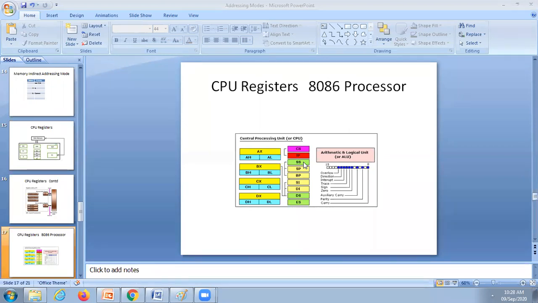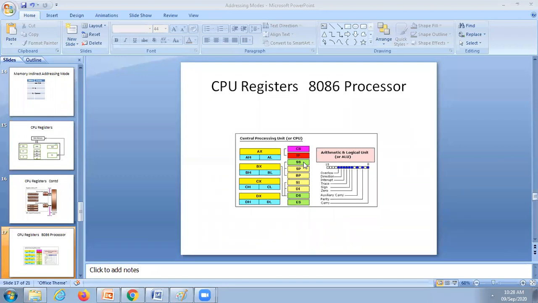What is the property of the stack? Last in, first out. Property means how the data is to be entered and how the data is to be retrieved. Whatever is entered into the stack last is to come out first.